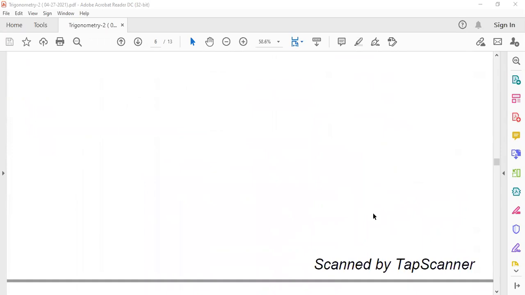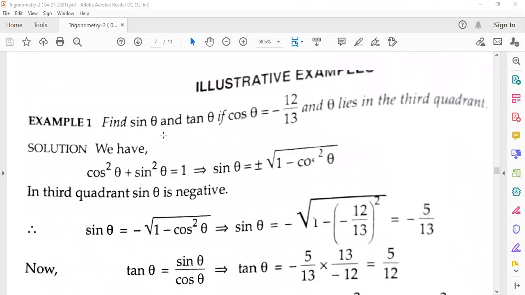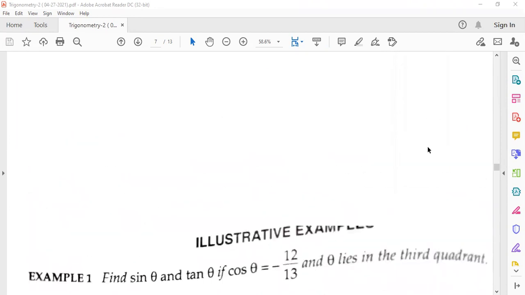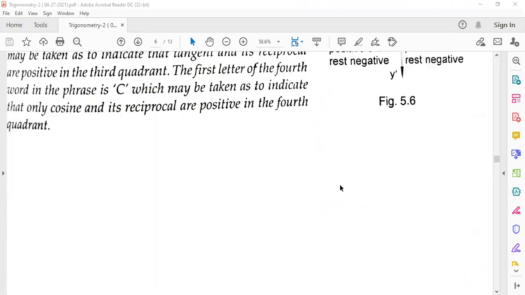Now look at the problem given here. Find sine theta and tan theta if cos theta equals this and theta lies in the third quadrant. Here the value of cos is given negative. Cos theta is given negative.